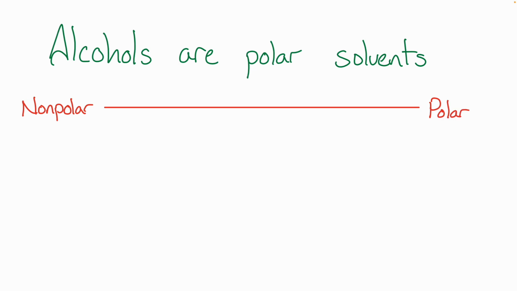Our most non-polar solvents would be our alkanes, things that consist only of carbons and hydrogens. We've got to get a few carbons on there or they're not liquids, so they're not solvents. Anyway, our most non-polar solvents are our alkanes. Sitting all the way on the polar end of the spectrum would be water.